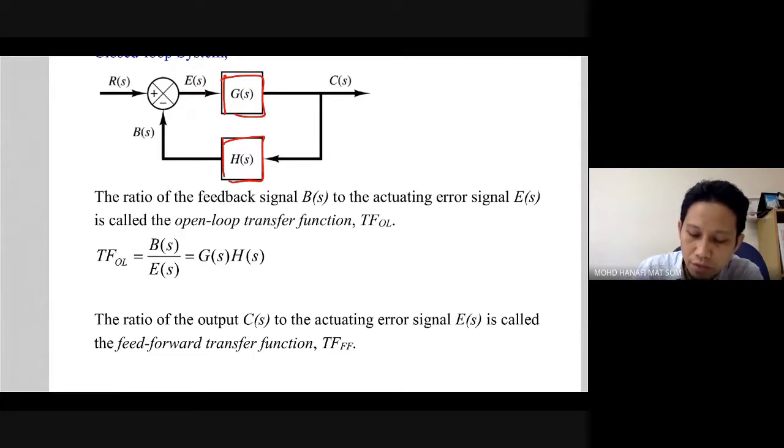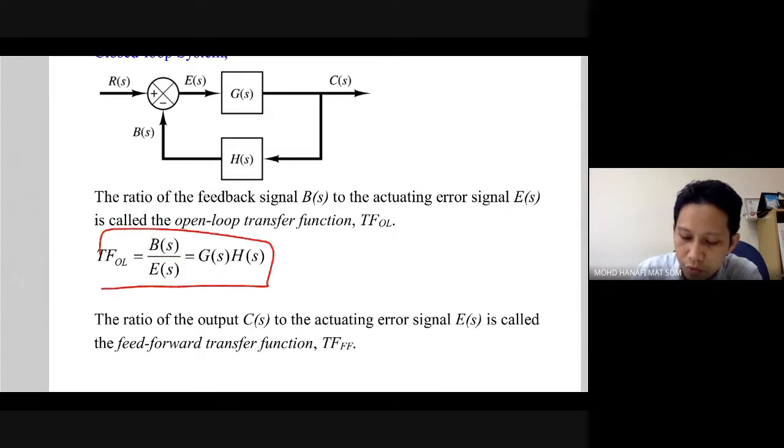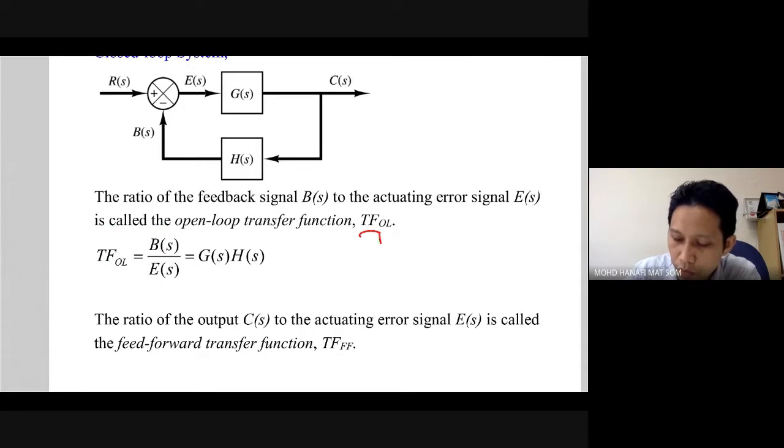So we can write B(s) over E(s) equals G(s)H(s). So this is the open loop transfer function, or you can say the loop transfer function.